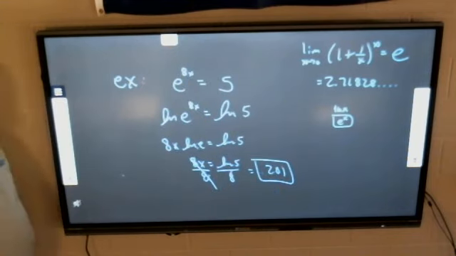So whenever you see e, just take the natural log rather than the common log. Solve it the same way.